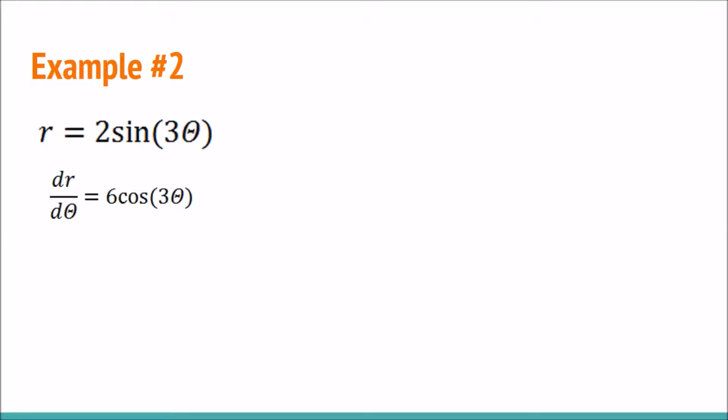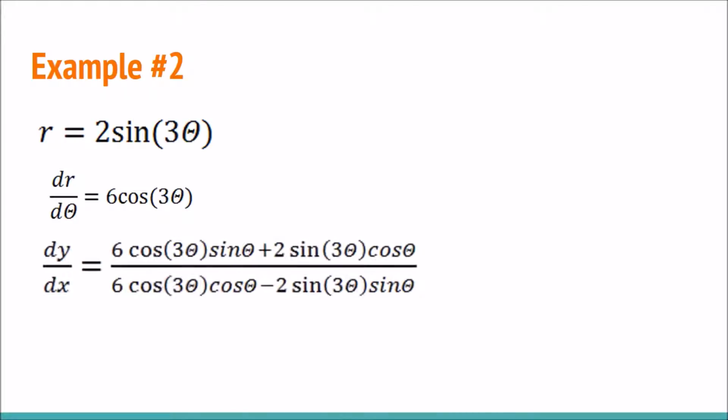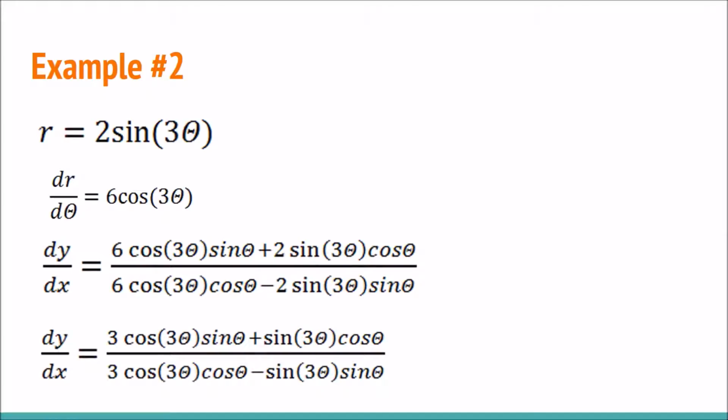We plug into our equation for dy over dx, simplify, and that gives us 3 times cosine of 3 theta multiplied by sine theta, added by sine of 3 theta multiplied by cosine theta, divided by 3 cosine of 3 theta multiplied by cosine theta, subtracted by sine 3 theta multiplied by sine theta.